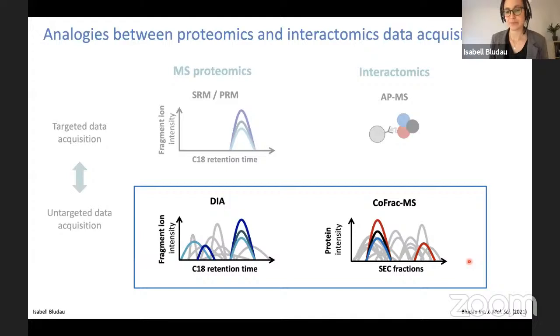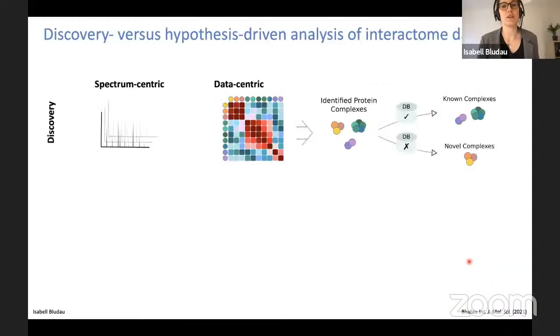Okay. Having said that there are these conceptual similarities between DIA and co-frac MS data, I now want to get to the analysis strategies between the different approaches. In discovery proteomics and DIA analysis, we have on one side the spectrum-centric analysis approach, where we start from the data.